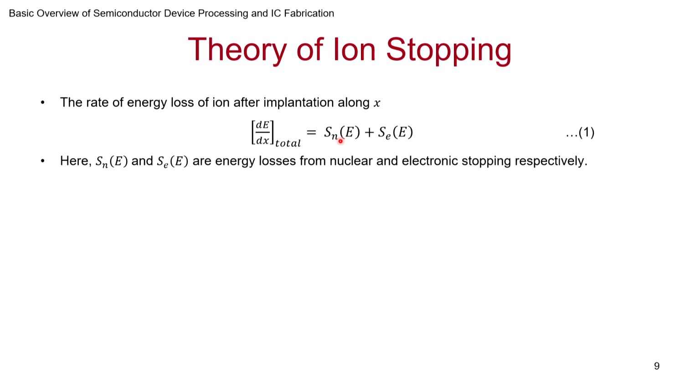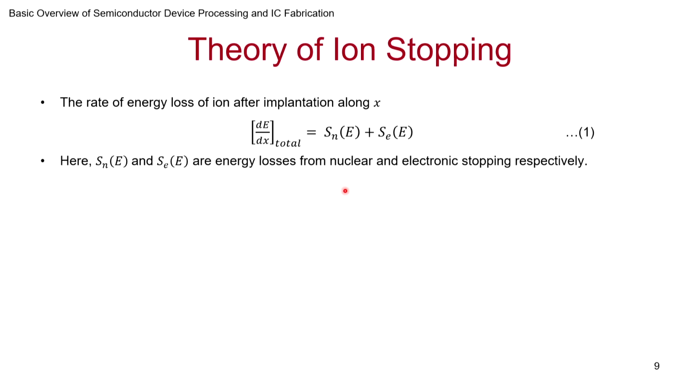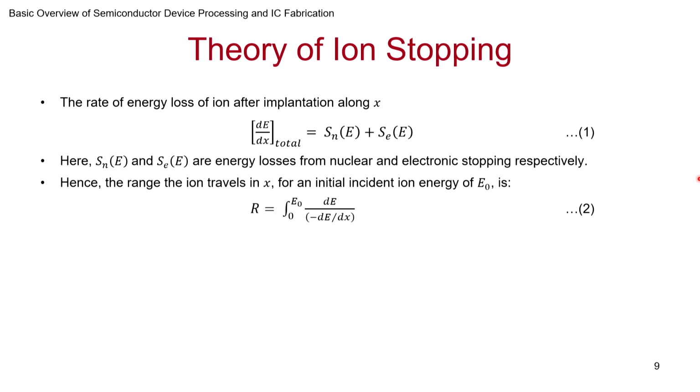Less energy means it may not be so strong in its objection. Once there is an objection, it scatters it, hits it, and sends it in other directions. In the process, the target atom also gets moved around. So, Sn are the losses due to this, and they are stopping the ions that are coming in.